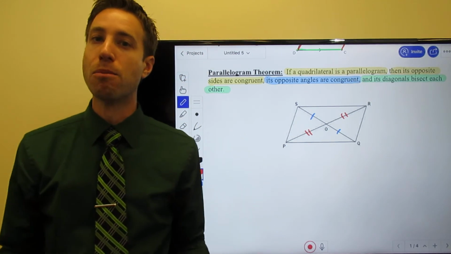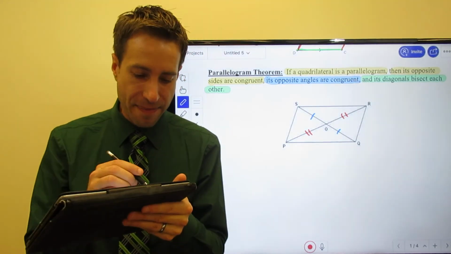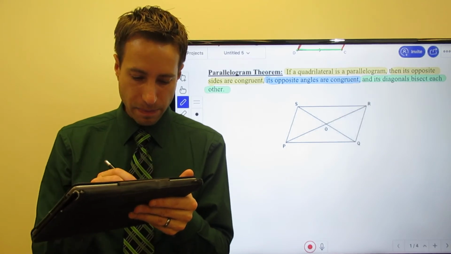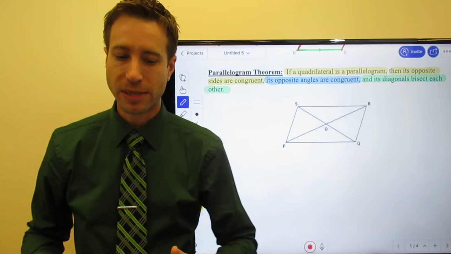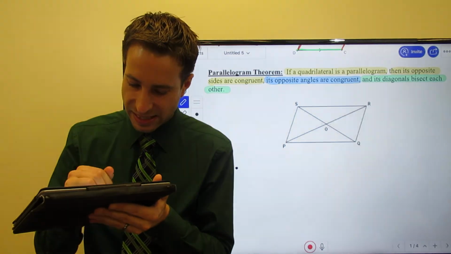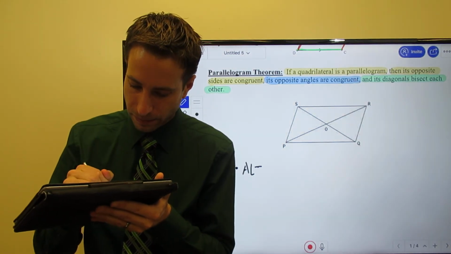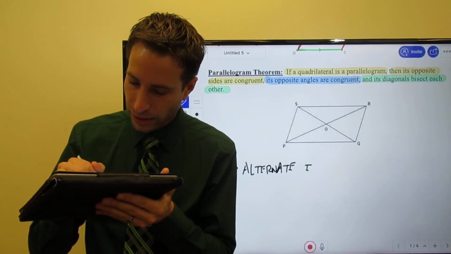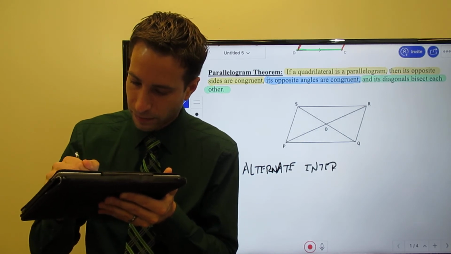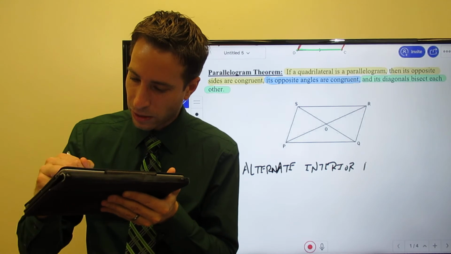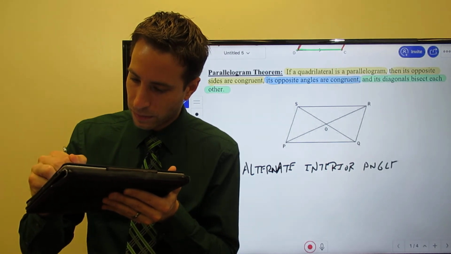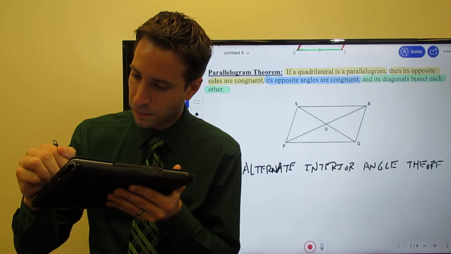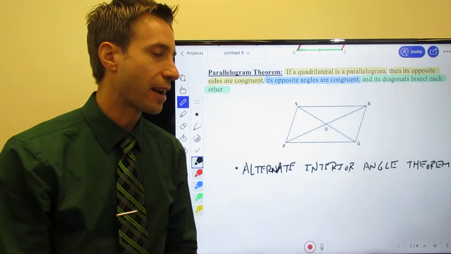Now, there's a little bit more to it than even that I want to point out to you. Please note a couple of theorems that we're going to use here. The first one is the alternate interior angle theorem.